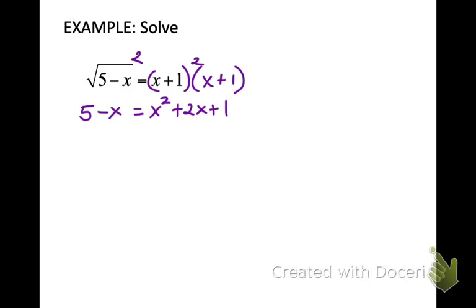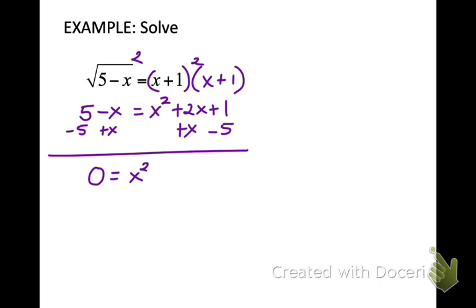Move everything over to where I have a positive x squared term. I'm going to move my 5 over by subtracting it, move it over there to the 1. I'm going to add my x over and combine it with my 2x. So now I have 0 on the left is equal to x squared plus 3x minus 4.